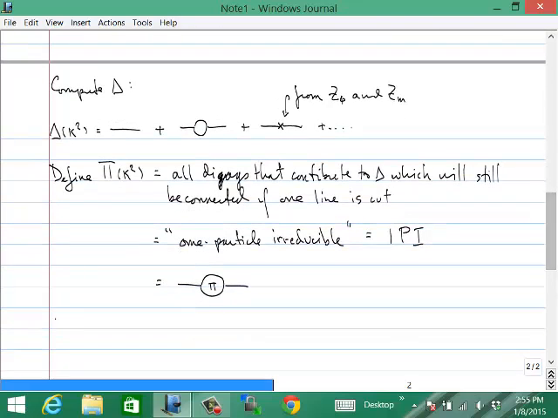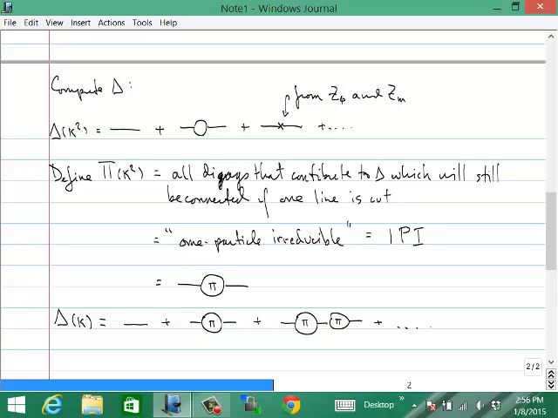And then the full expression for the propagator can be written as an infinite series where you first add one 1PI contribution, then two 1PI contributions, then three, and so on and so forth.